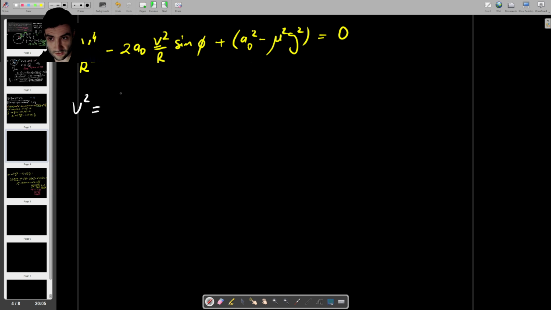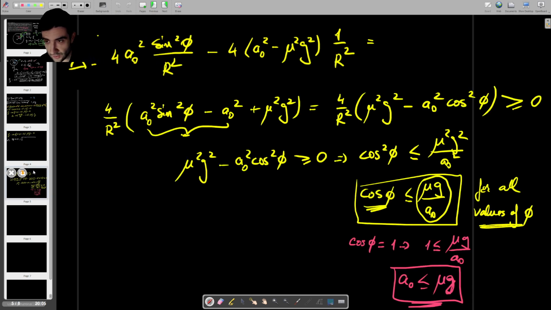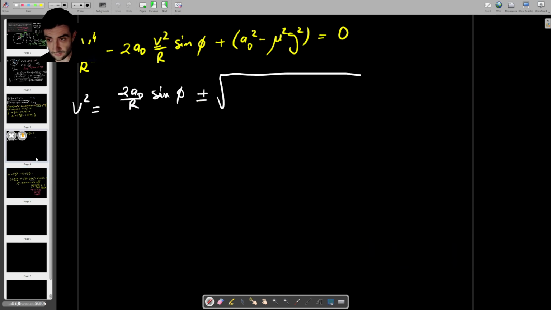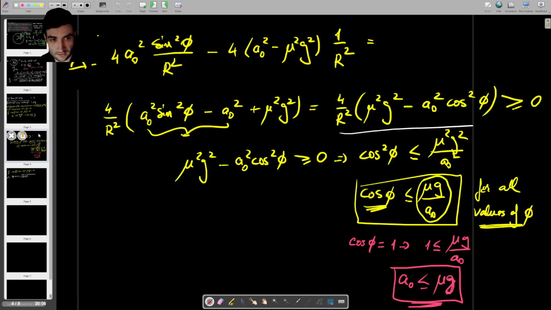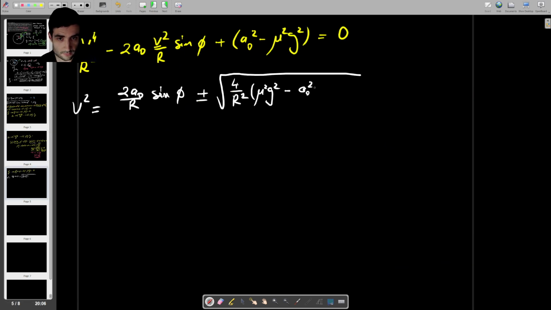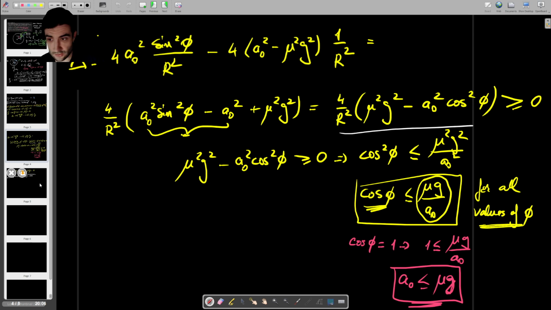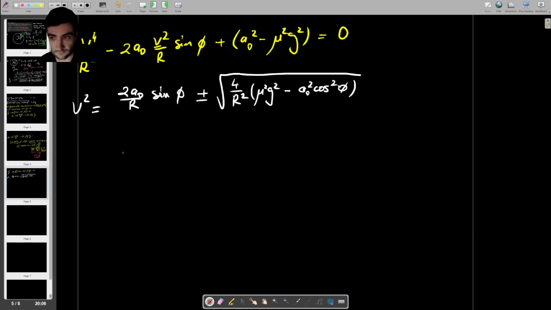So v squared is going to be equal to 2a naught over r sine phi plus or minus, and then we have the square root of the discriminant, which is this basically. So that's 4 over r squared, and then we have the stuff in the brackets, so mu squared g squared minus a0 squared cosine squared of phi, and this is divided by 2 over r squared.